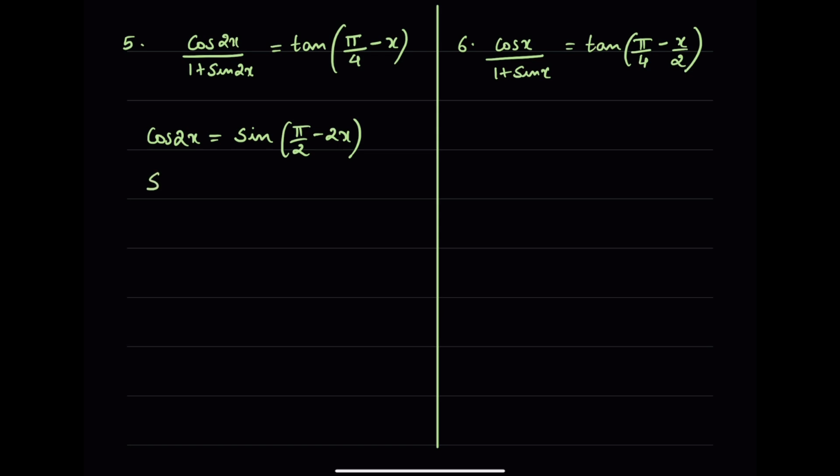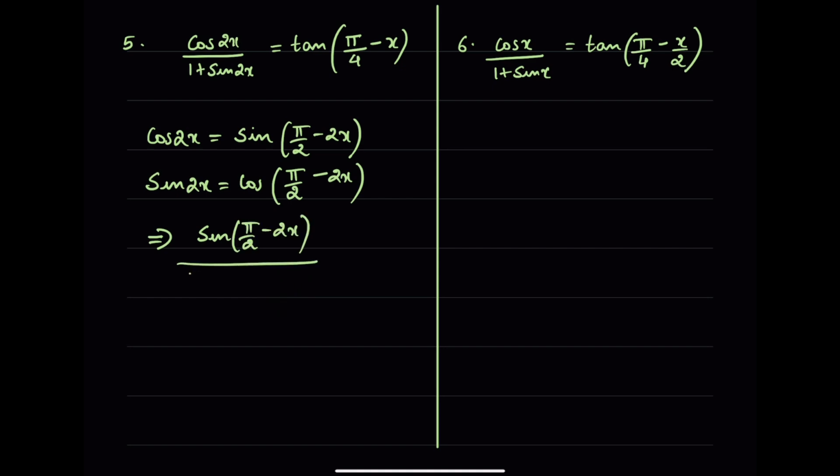Similarly, sin 2x can be written as cos of pi by 2 minus 2x. Now let's apply that here. So the numerator would be cos 2x is nothing but sine of pi by 2 minus 2x, and in the denominator we would have 1 plus cos of pi by 2 minus 2x.